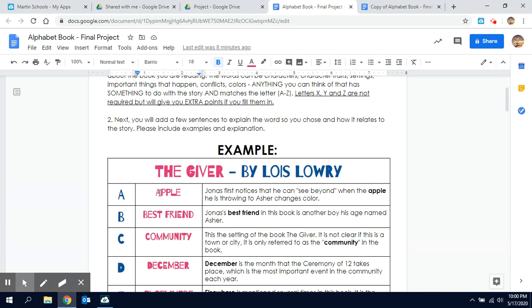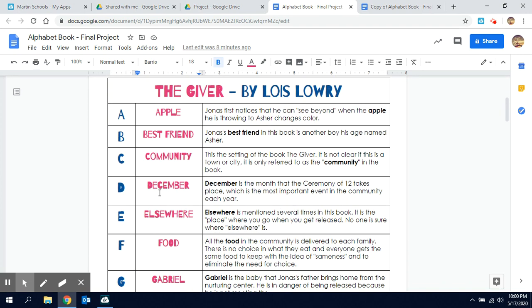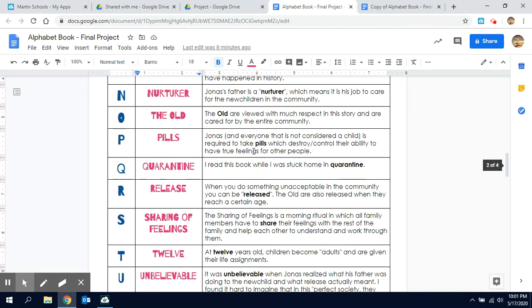The other reason why I created this assignment like this is cheating. I've mentioned it a few times. It has become a problem because it's online, and I know it happens, and there's nothing that I can really do to stop that. But for this particular assignment, because you are picking words from the book that relate to you and you're explaining why they stood out to you or why you think they're important, there really is no reason for anyone to have the same exact answers.